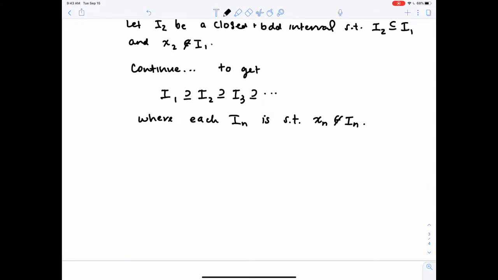So by the nested interval property, because I'm working with these closed and bounded intervals, there has to exist an x in the intersection of all of these In's.